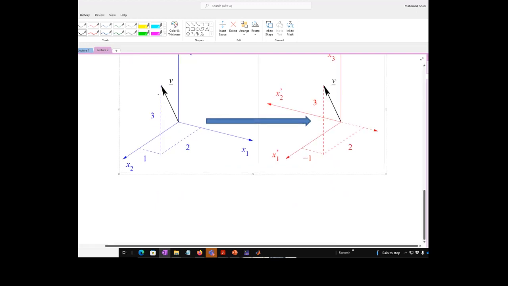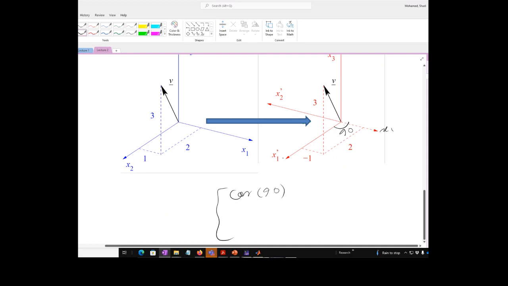All right, so this is x1 new and this is x1 old. So the angle here is 90 degrees, so the first entry should be cos 90.